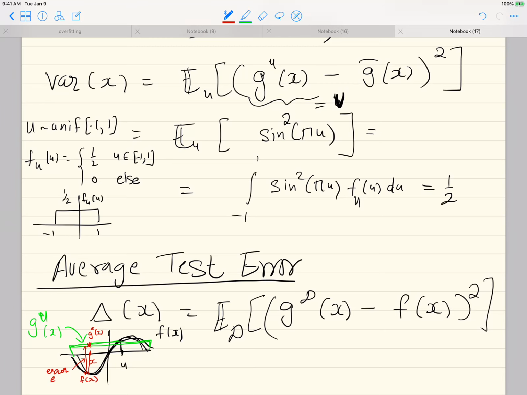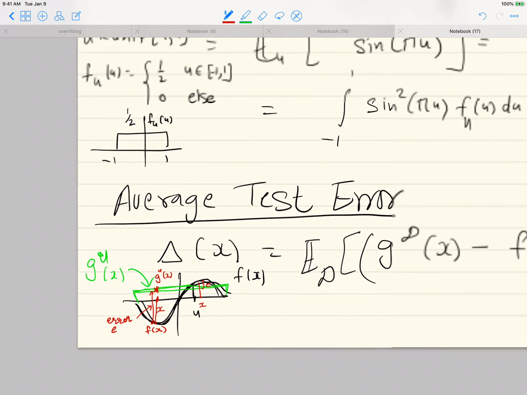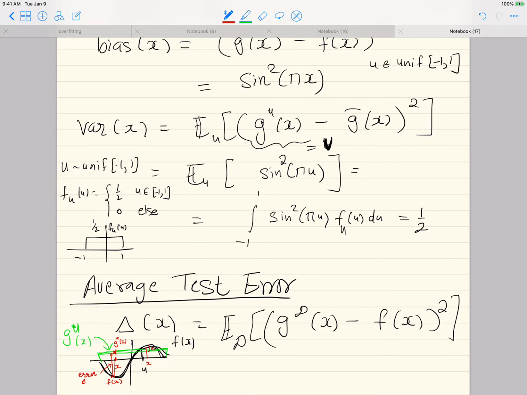But if x was far away from you, the error will be large. So what you do here is you fix x, fix one particular point on this line, and then you look at the difference between g_D of x and f of x, square it, and then take the expectation with respect to d.